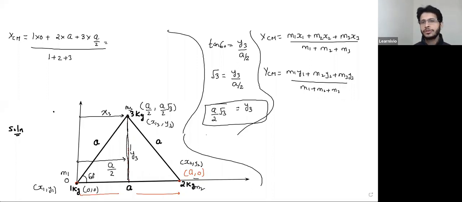So that's 2a plus 3a by 2, which is 7a by 2, over 6. Sania, you're making mistakes even in addition. It's 2a plus 3a by 2, which is 7a by 2, into 1 by 6, so that's 7a by 12.